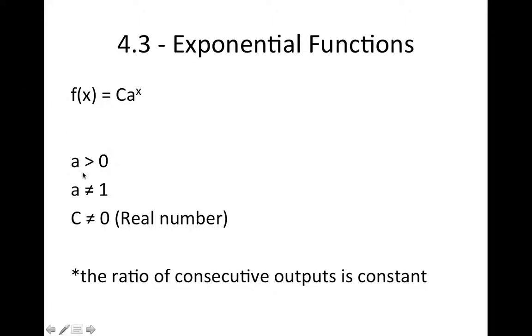Here are the conditions. A has to be greater than 0, so a positive number. It cannot be equal to 1, and c, your constant, cannot be equal to 0, and it's a real number. So the c represents your initial value, and the a is your growth factor, your exponential growth factor.